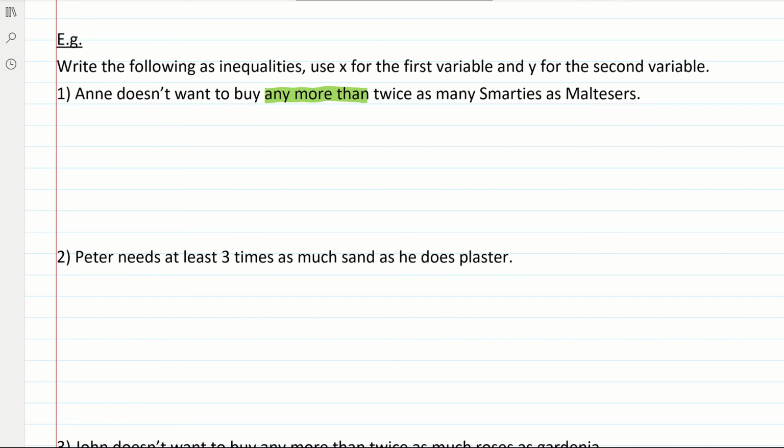She doesn't want to buy any more than. So we're thinking of less than. No more than means less than or equal. No more than is less than or equals. I have Smarties and Maltesers. I'm actually going to get rid of that. We're going to use S and M to make our lives easier.